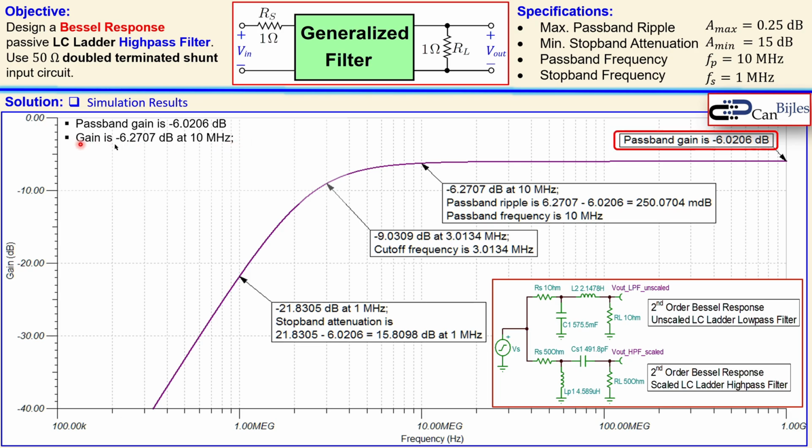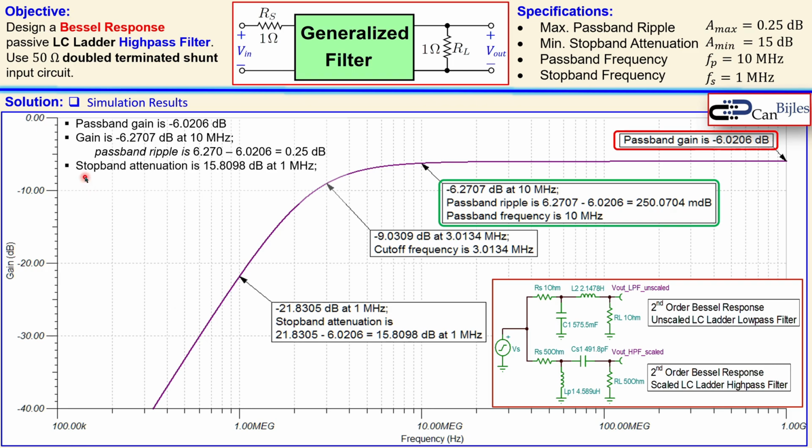Now we also see that the gain is minus 6.2707 dB at 10 megahertz, and that is going from this baseline down here. So you can do the calculation here. It is now 0.25 dB. So it is actually what we wanted. The next one is the stop attenuation, which is here at 1 megahertz. We have at 1 megahertz minus 21.8305 dB.